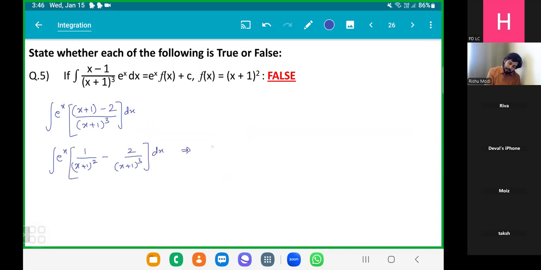This is the property: e raised to x function plus derivative of that, which is equal to e raised to function plus c.